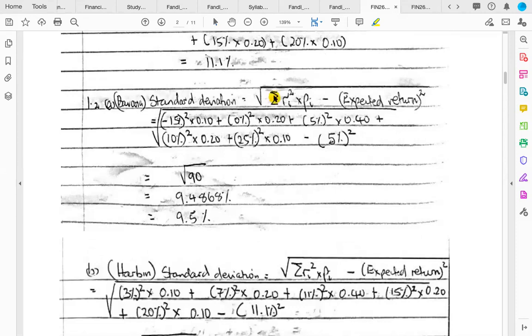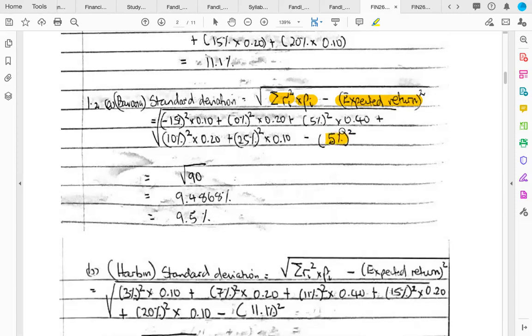But preferably, you can use this formula right here, where you take your returns and you square them, and you multiply them by the corresponding probability, and you keep adding them up for all possible states, all probabilities, and the corresponding returns.